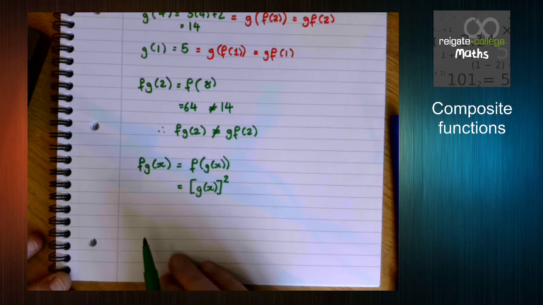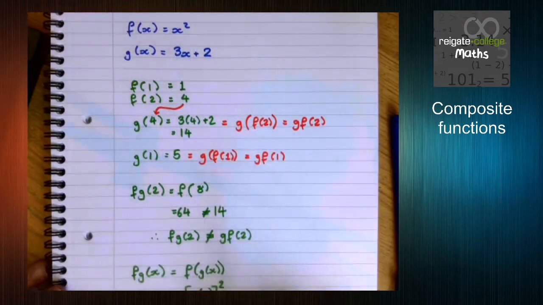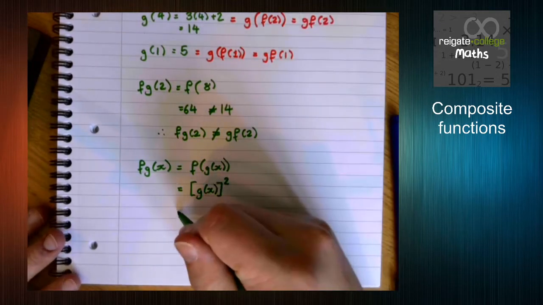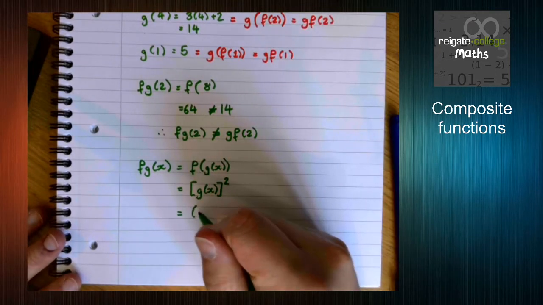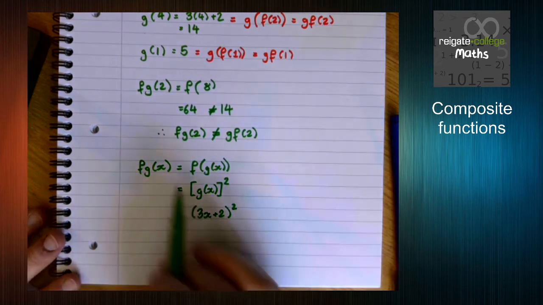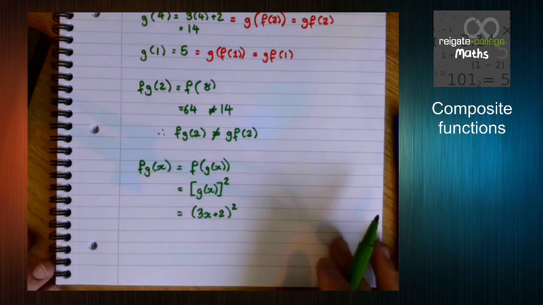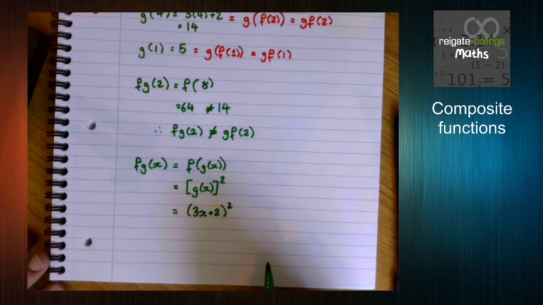So it's g of x all squared, because f of x, if you remember, was x squared. g of x was 3x plus 2. So fg of x is 3x plus 2 all squared. And you could expand that if you wanted to.